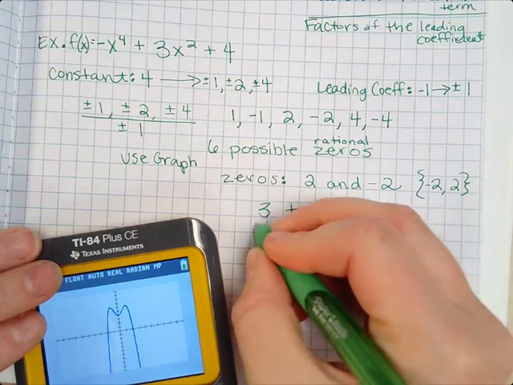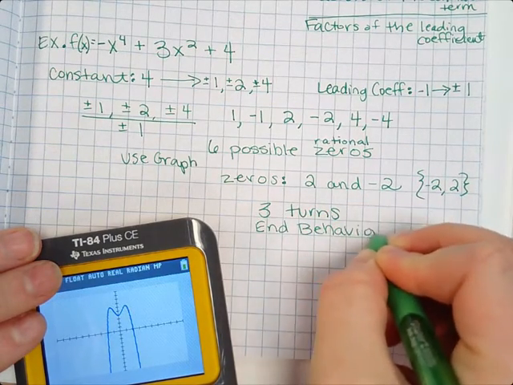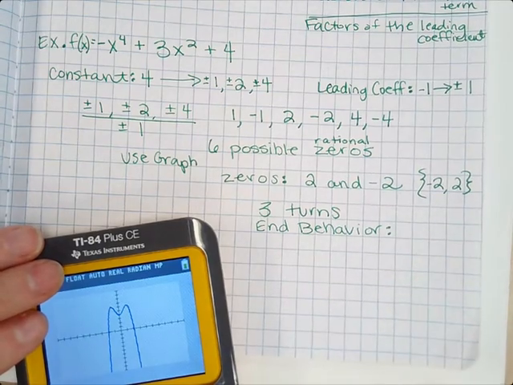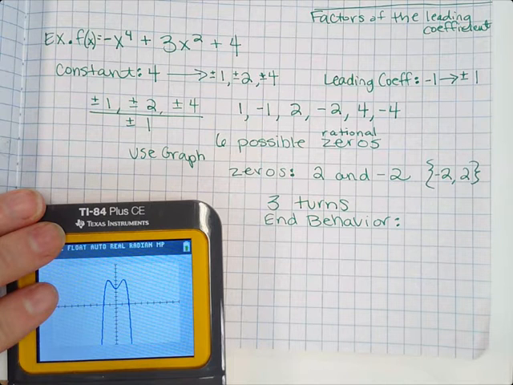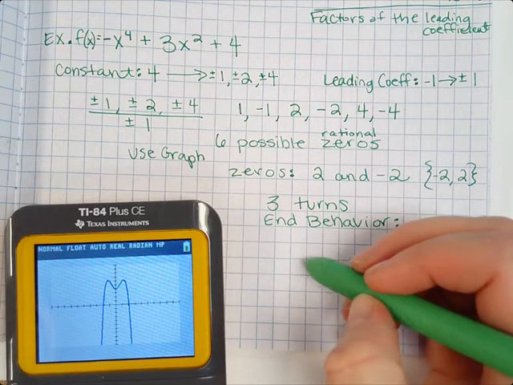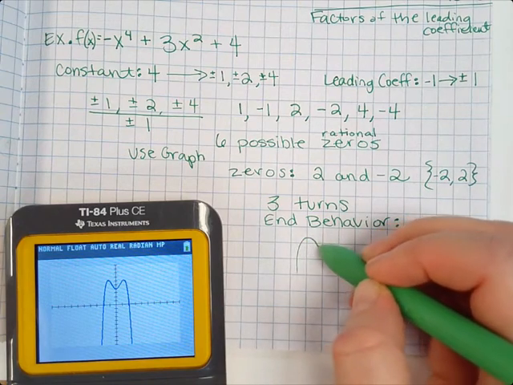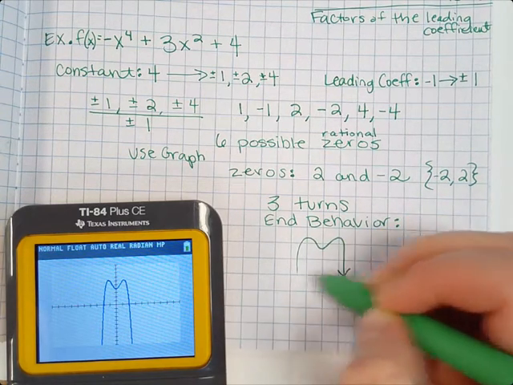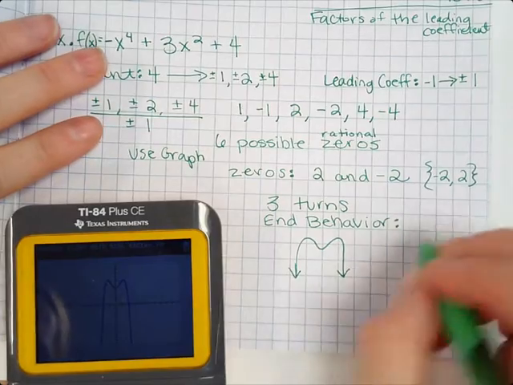And what is the end behavior? How do we describe the end behavior on this? So it falls to the left and falls to the right. So it's down, down.